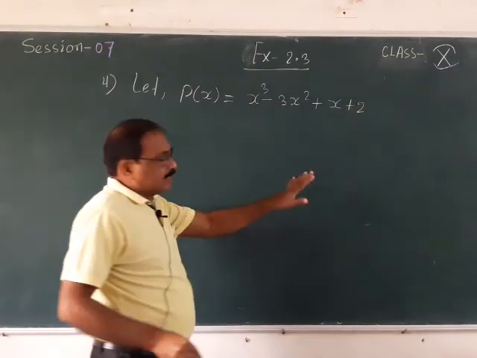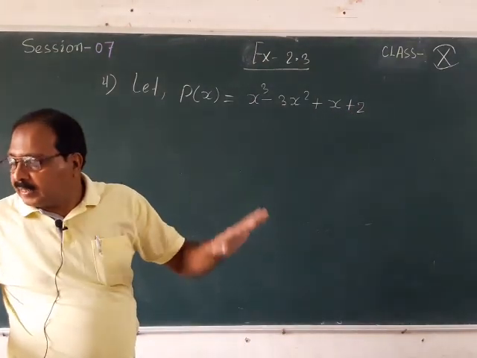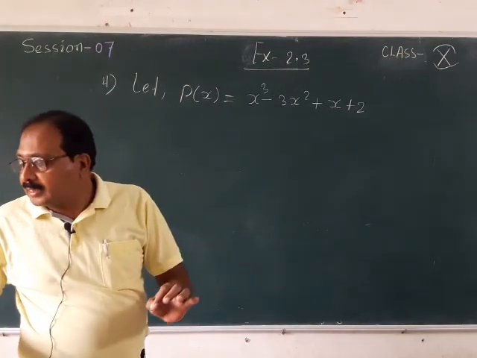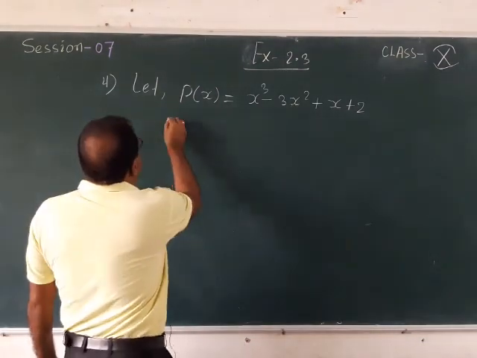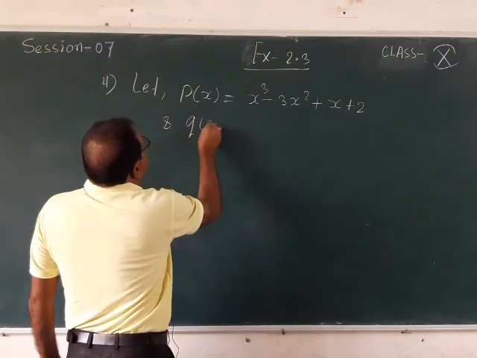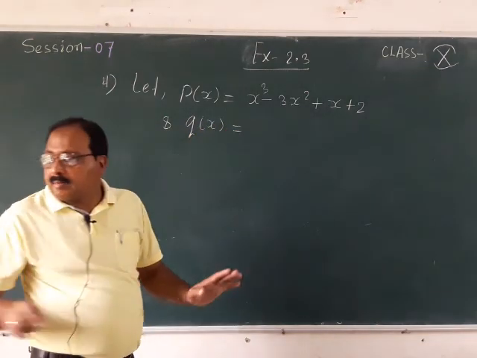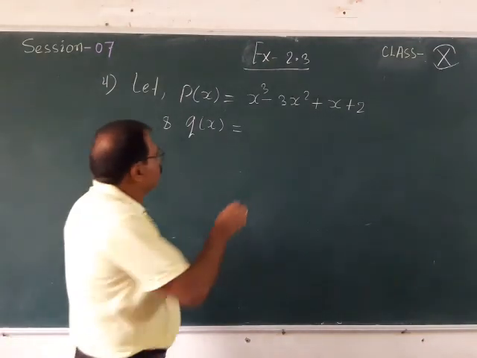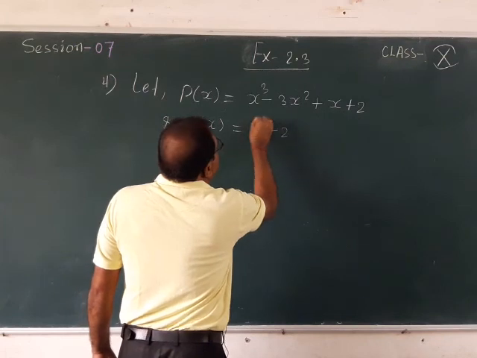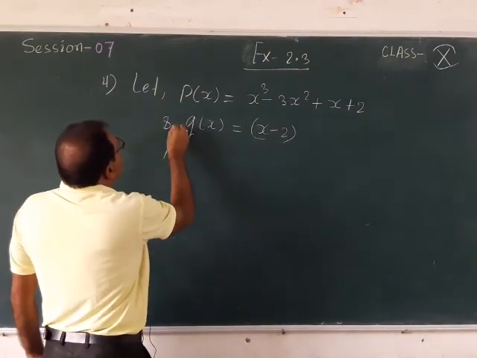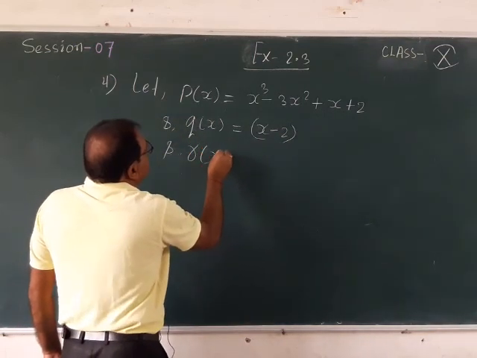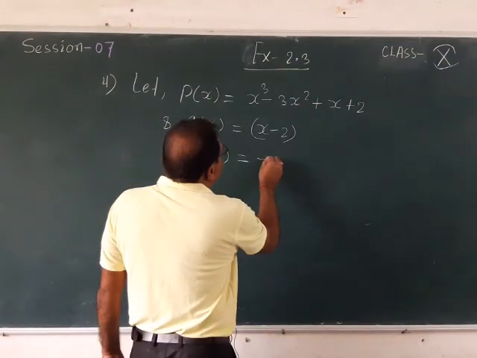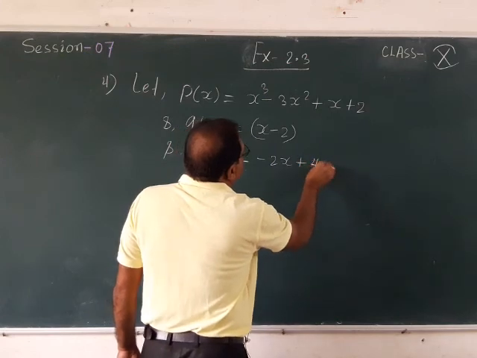This is p(x), that means it is the dividend, and it is divided by a polynomial g(x). The quotient, q(x), is x minus 2, and the remainder, r(x), is minus 2x plus 4.